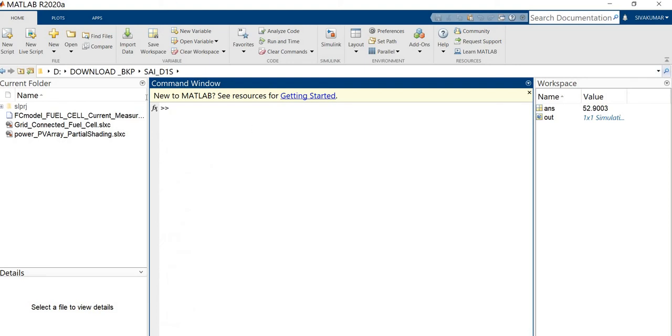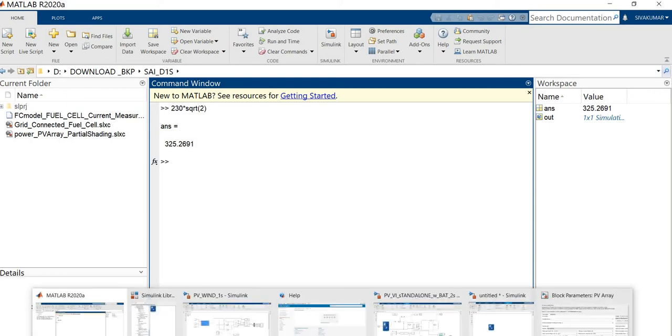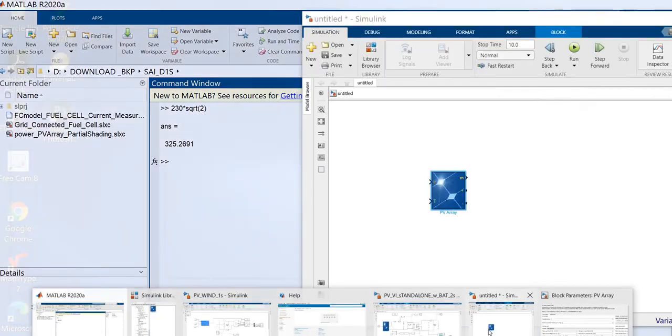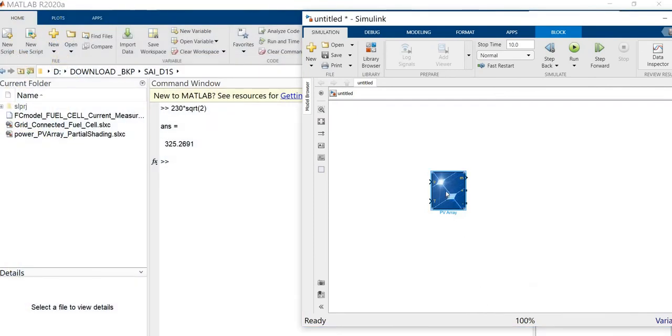So I enter 230, the RMS value of the AC system, into square root of 2. What is the value? 325.2 volt. We need 325 volt.